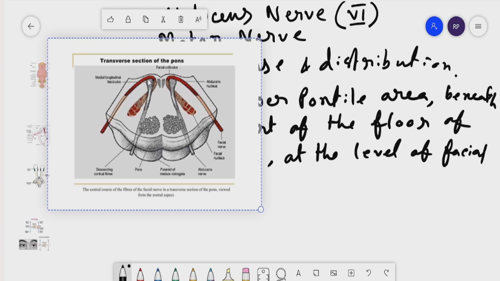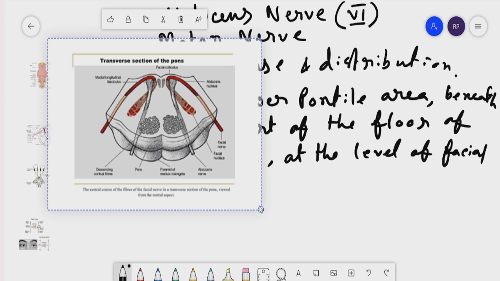So while making a round, it makes an elevation at the floor of the fourth ventricle. This elevation is called facial colliculus. So now I think the origin is clear.